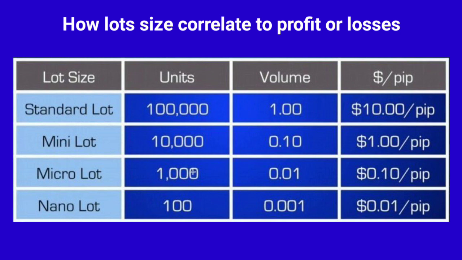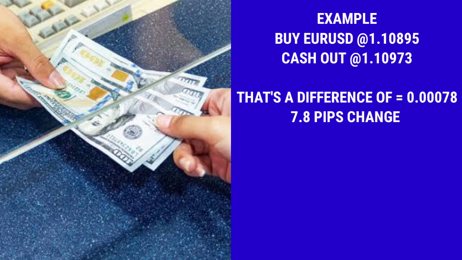And right here, we'll be looking at how to calculate the profit per pip. So let's give this example. Let's say we bought the EURUSD at 1.10895 and we sold at 1.10973. That's a difference of 7.8 pips.